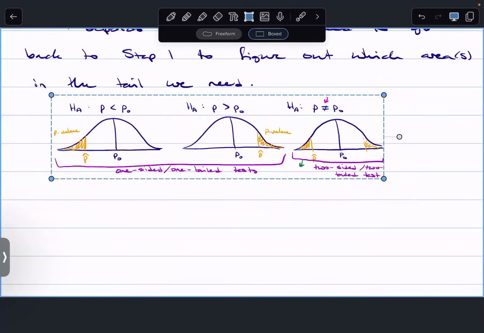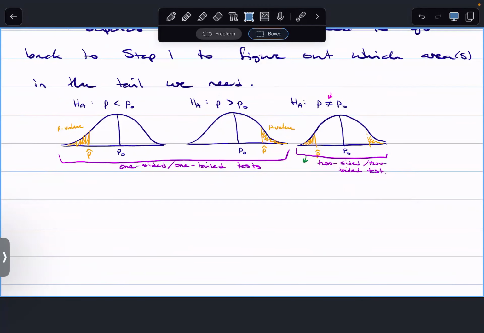Shrink it up a little because we already have it. All right. So depending on if we have a one-sided or a two-sided test, that's going to help us figure out which area in the tail that we need.